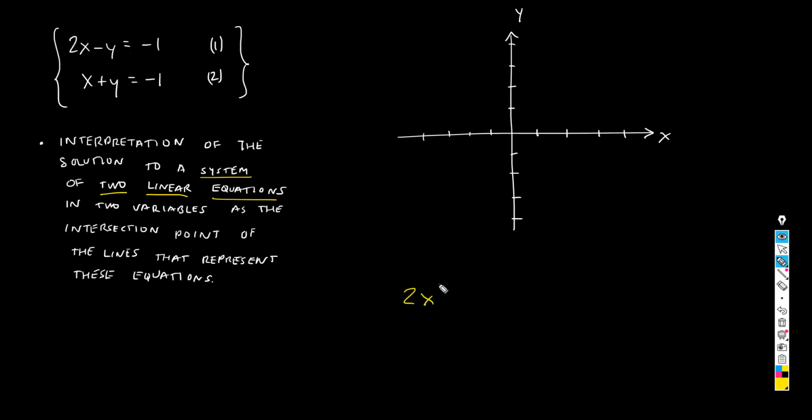If I wrote something like this, for example, you see, this is also a system of two equations, but these equations are not linear because of this, because of this, because of this, and because of this. So we are restricting our study to systems like this.